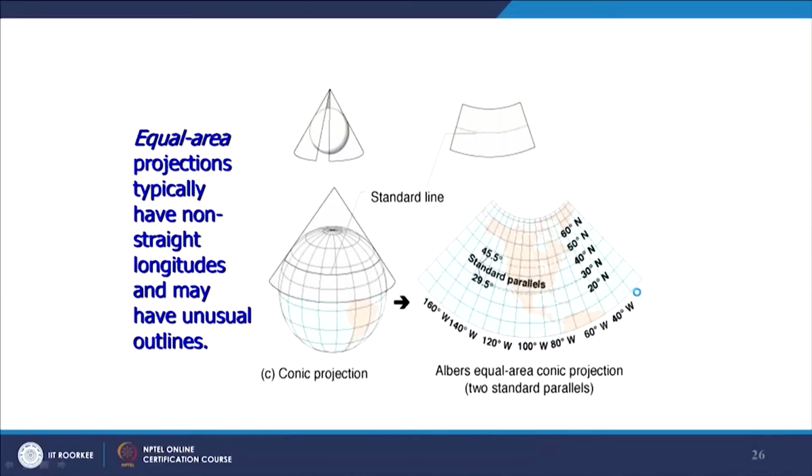Later on they coded them in the Fortran computer language, and now they have been coded in other languages too. So, for example, here equal area projections typically have non-straight longitudes and may have unusual outlines, so some distortions might be there.